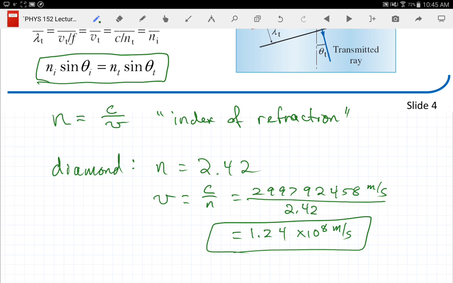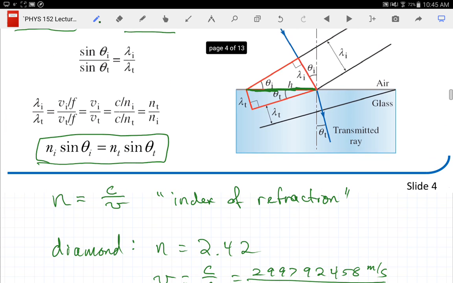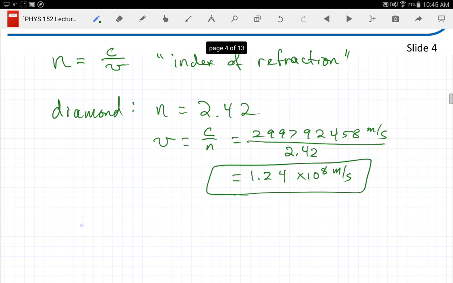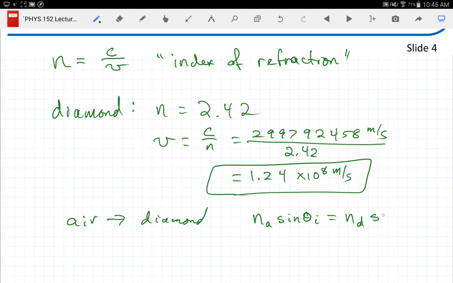So the speed of light in a diamond is relatively slow. Because the speed of light in a diamond is relatively slow, if we look at this equation, if we have light going from air into diamond, then I'm going to have n air sine theta incident is equal to n diamond sine theta transmitted.